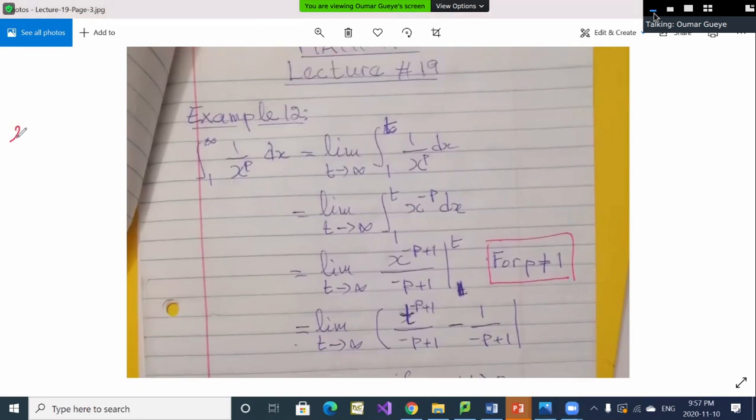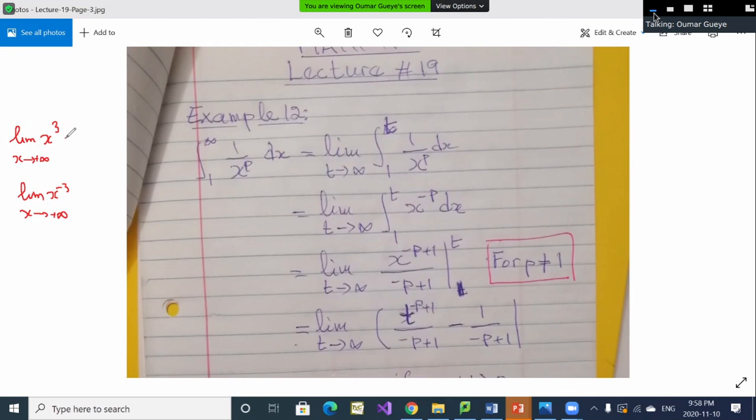Let's say you want to calculate the limit of x to the power 3 when x is going to positive infinity, and the limit of x to the power -3 when x is going to infinity. You can see the difference between these two limits. For both of them, x is going to positive infinity. The only difference is the sign of the exponent.